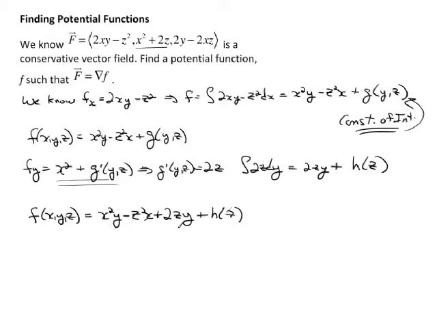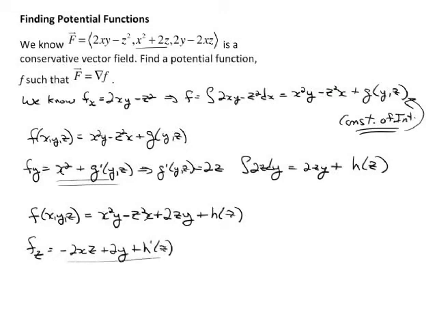So right now I know that this is what this function f has got to look like. The question is, what's this function of z? So of course the next thing I'm going to do is take the derivative of this, a partial, with respect to z. And when I do that, I'm going to get a negative 2xz from here plus 2y plus h prime of z.